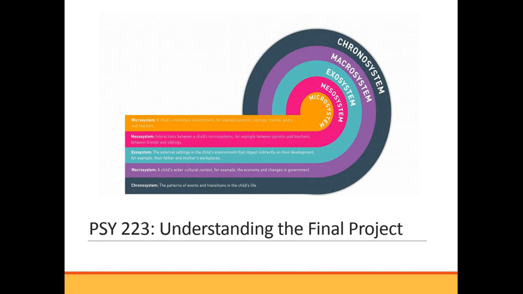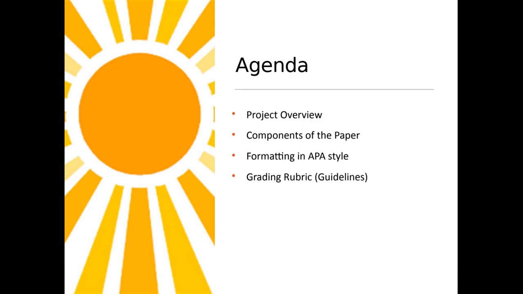So here's what I'd like to cover in this video. I'm going to go over the project, just a broad picture of what it's for, what we're going to do. Then we'll dive in to look at the components of the paper. And then we need to talk about formatting in APA style.